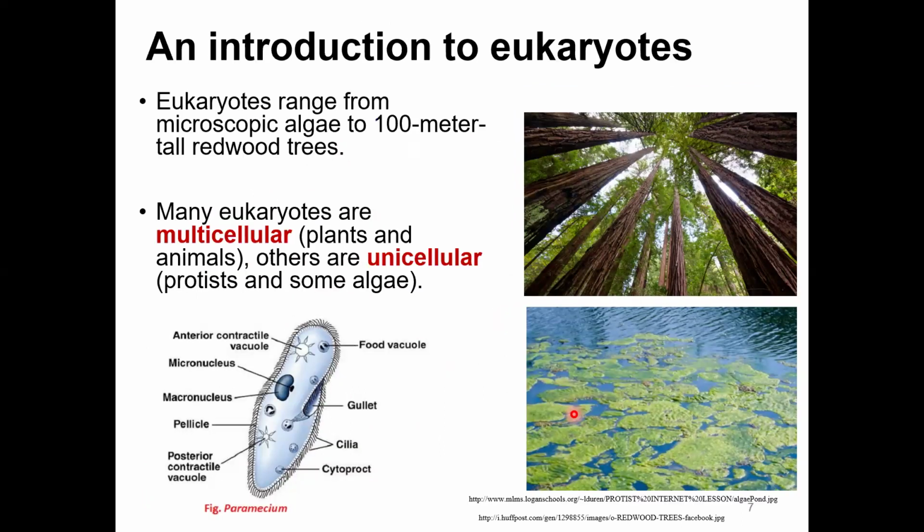Now we branch into the realm of eukaryotes. These can range from algae to a 100-meter tall redwood tree, like this tree here. Many of them are multicellular, like plants and animals, but there are some that are unicellular, like protists and some algae.